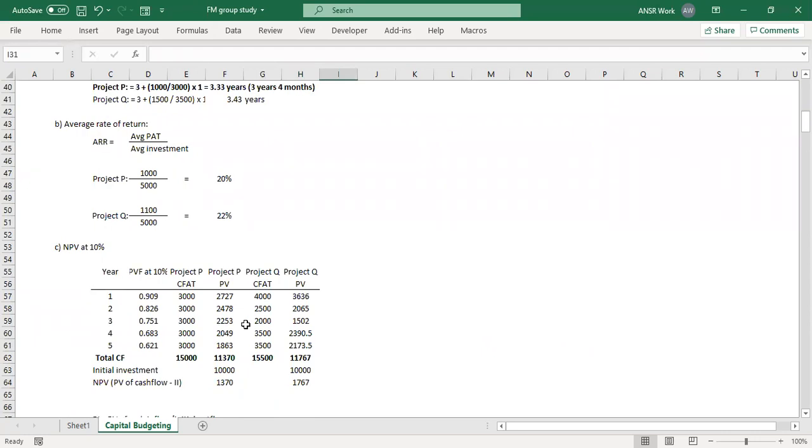You take 3000, you multiply it with each of them, and you calculate the present value. Once you have multiplied, you simply add and you calculate the total cash flow, which comes to 11,370 for project P. And similarly, in project Q, it comes to 11,767.